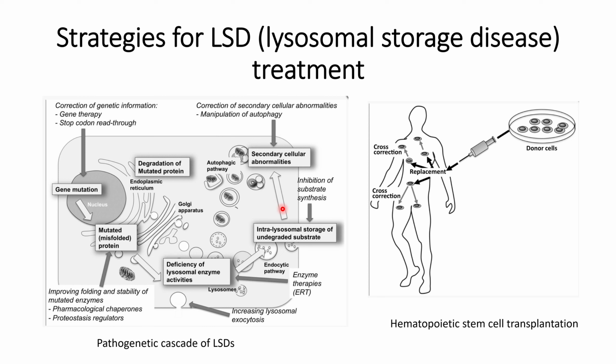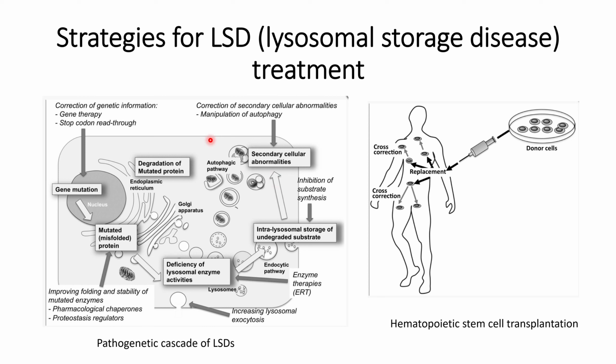Another problem is that because of the lysosomal disorders, it might activate other cellular abnormalities. These abnormalities need to be properly mapped, and their cross connection with the lysosomal storage disorders needs to be identified so that corrective actions can be taken.